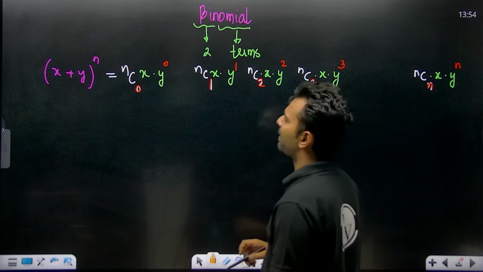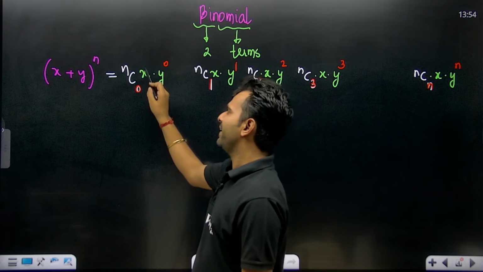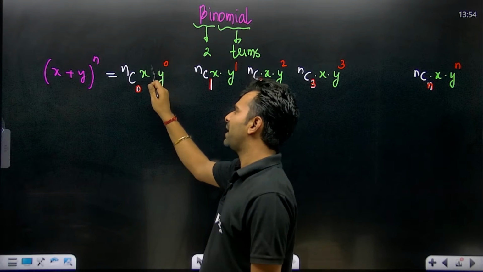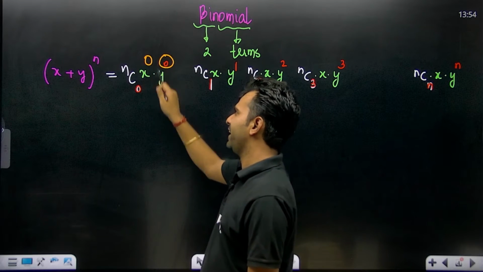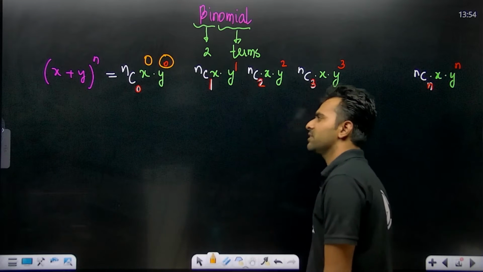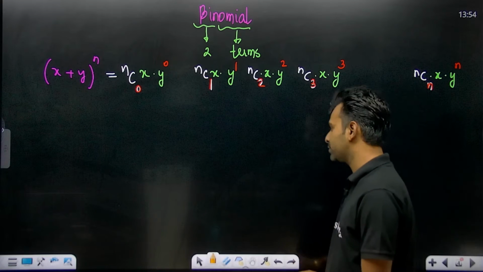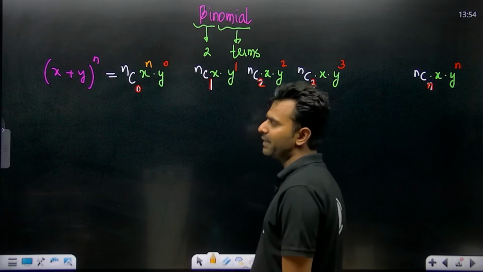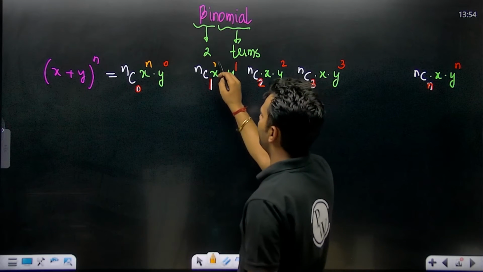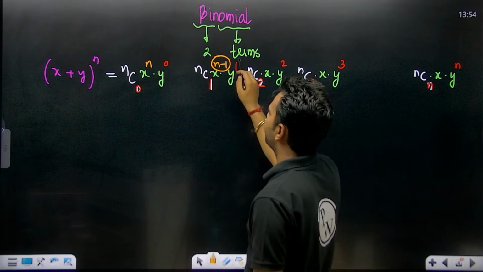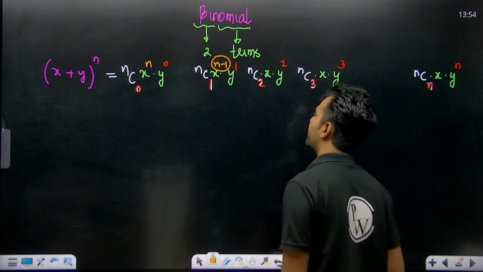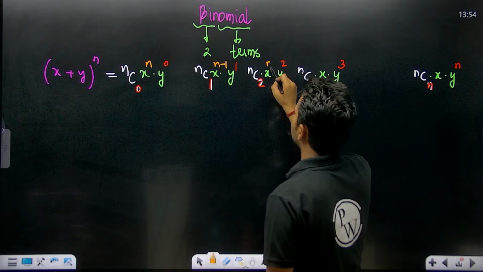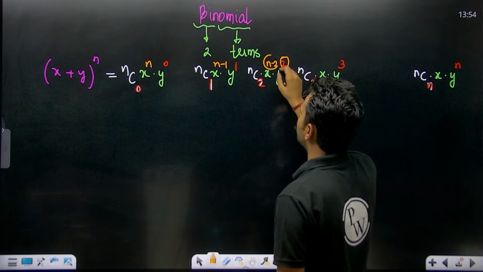Now talking about the power of x, always the sum of the powers of x and y will be equal to n. Over here the power of x will be nothing but n. Over here it will be n minus 1, because if you add these two, don't you think n is coming? Yes. If you add these two, you have to get n.